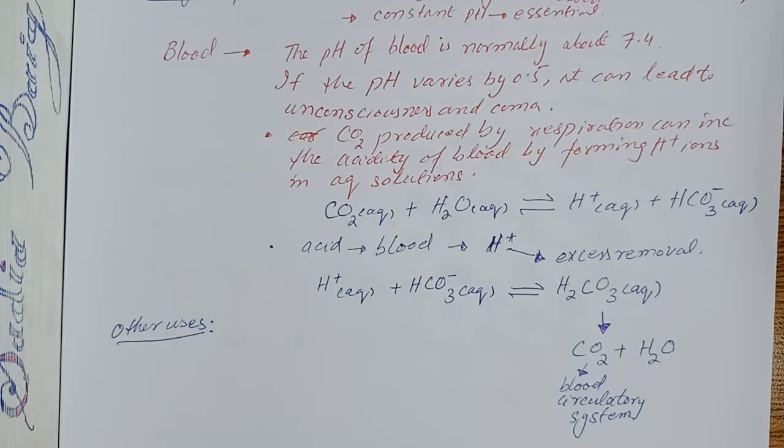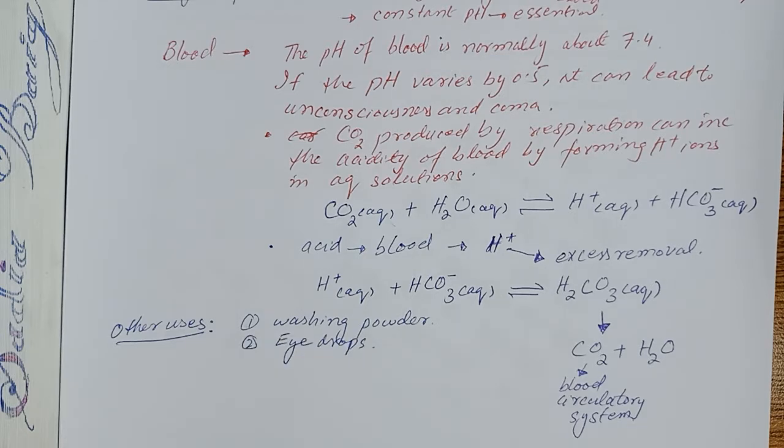Now let's discuss other uses of buffer solutions. The first one is washing powder, which maintains the pH of the detergent solution, so the detergent can work in its pH range properly.